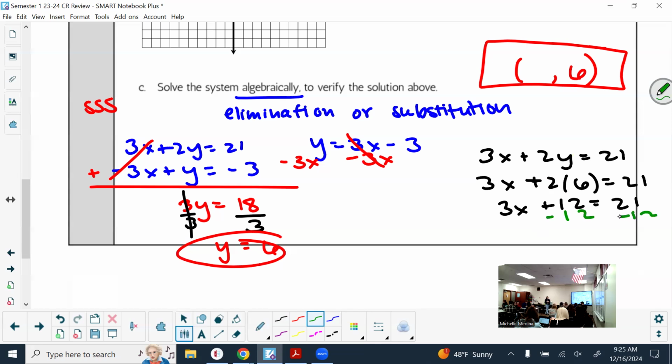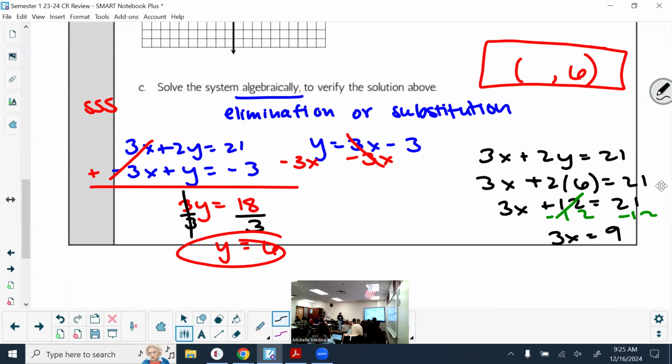So do that on both sides. 21 minus 12 is 9. Opposite of multiplying by 3 is dividing by 3, do that on both sides, and I get x equals 3.